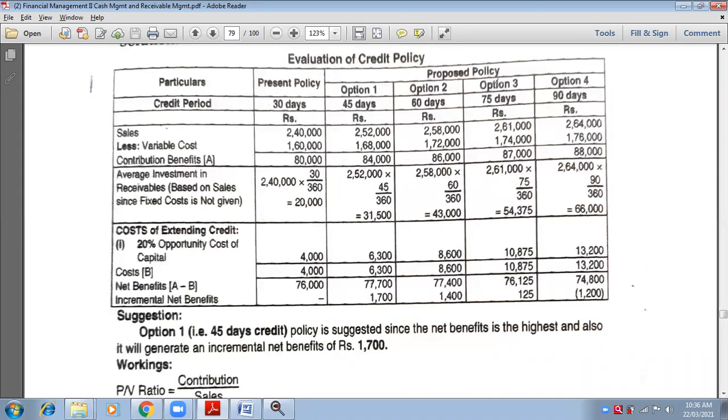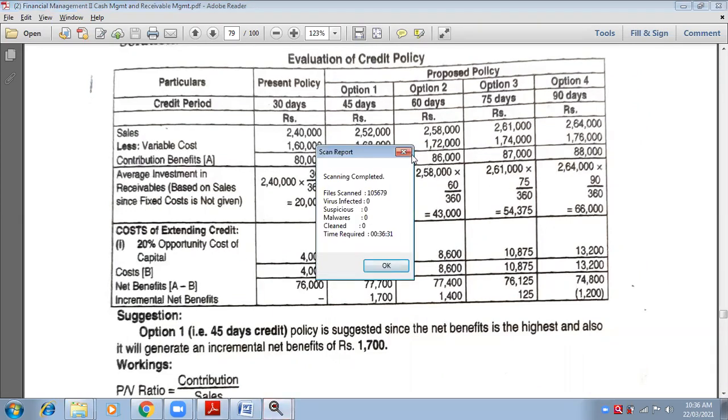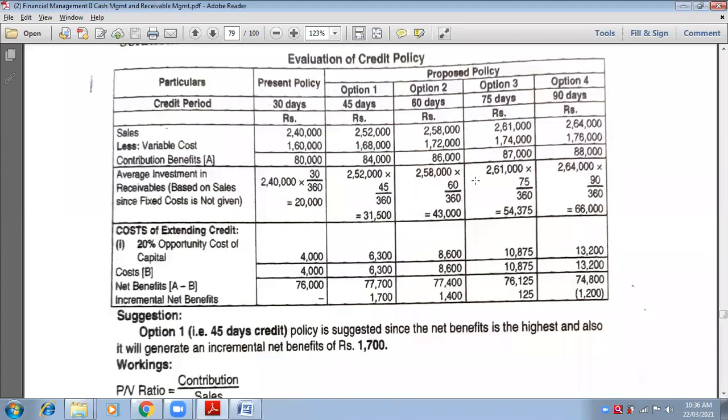For option number 3, sales is 2 lakh 61 and credit period is 75 divided by 360. What will be your answer? 54,375. Very good. And last case, option number 4: 66,000.